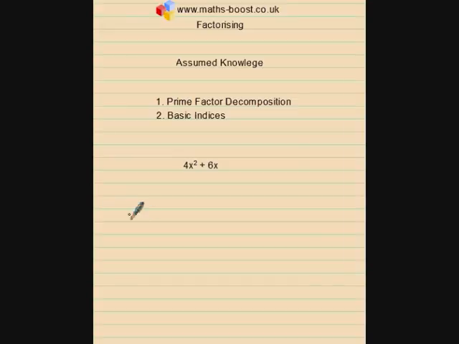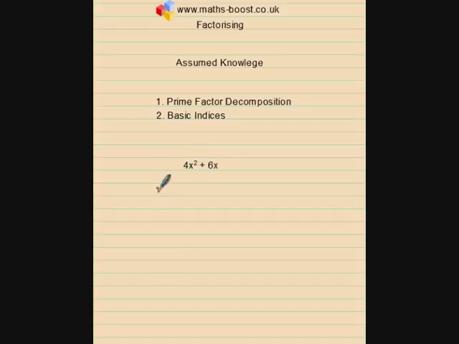So moving on, we're going to look at the technique that I'm talking about, and the first step is to write out the numbers in terms of their prime factors, and any symbols write out in full without indices. Let me give you an example.